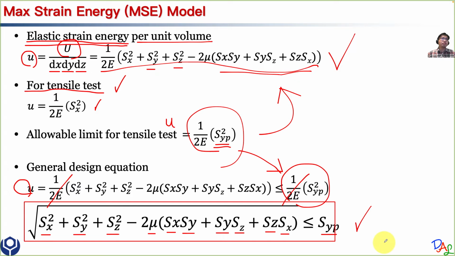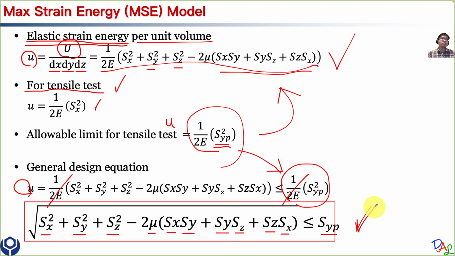So this becomes the final derivation of our model. This is the maximum strain energy model, and this is the general equation for a 3D loading case.